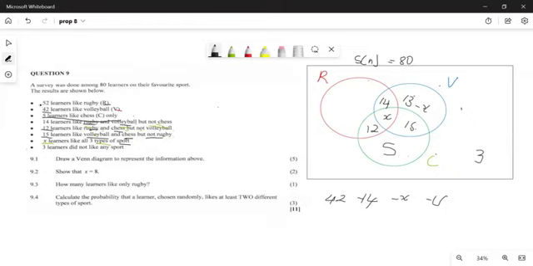I want you to differentiate between rugby only and rugby. They say 52 learners like rugby. If they say 52 like rugby, are they talking about rugby only, or the whole red thing here? The whole red thing. So if they're talking about the whole red, you're going to say 52 minus the things that are still part of the red.